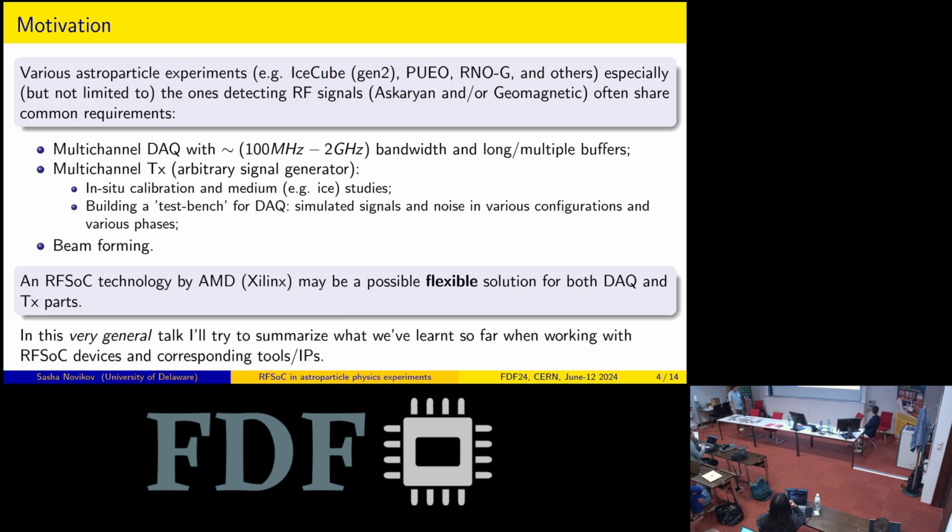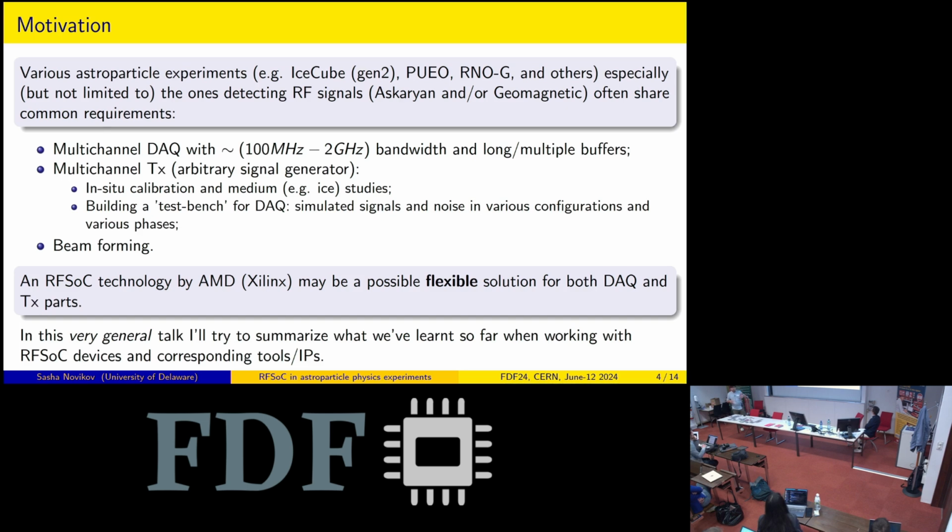In addition, a lot of projects use an arbitrary signal generator as a transmitter for calibration of the medium, for instance RNO-G or other experiments using Askaryan radiation like ARIANNA or IceCube Gen2.